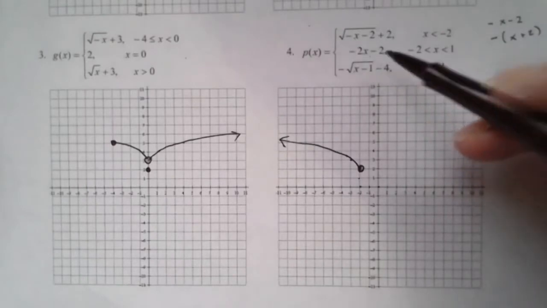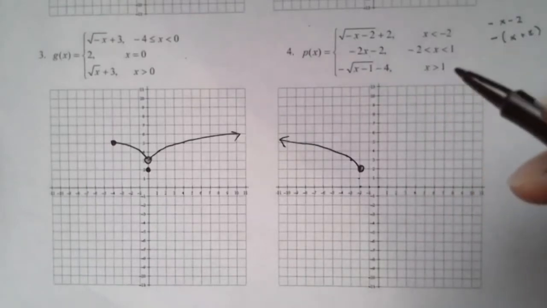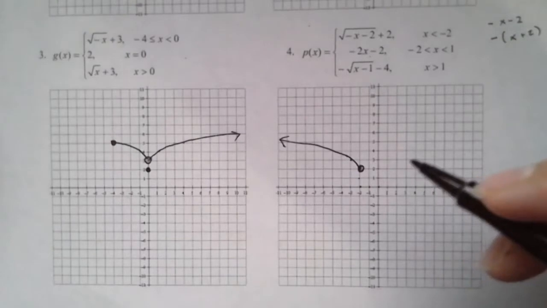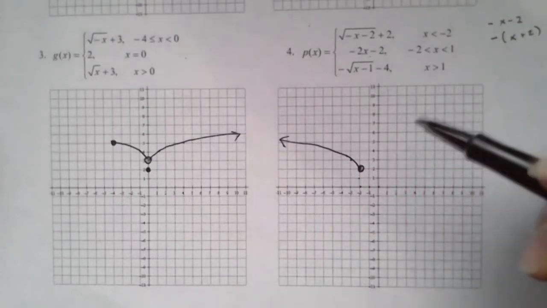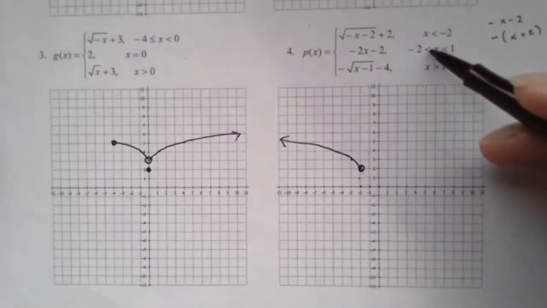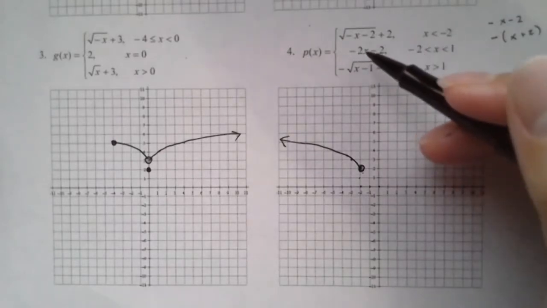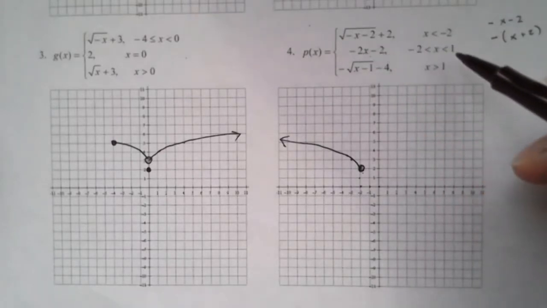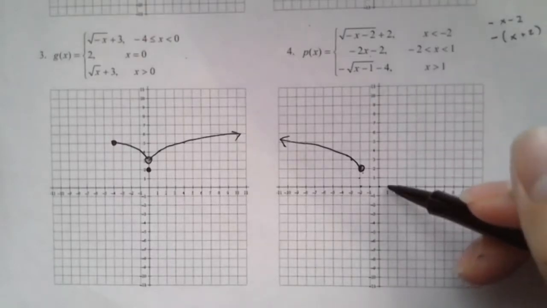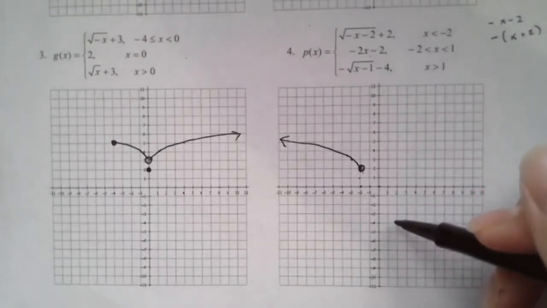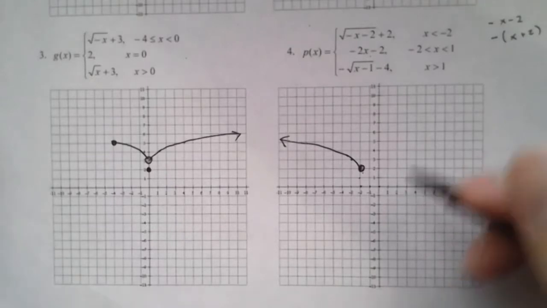Subtract 2, I get positive 2. And that starts here, and it's an open circle. Then when I evaluate at 1, when I plug in 1 here, negative 2 minus 2, you get negative 4. So when x is 1 here, I'm at negative 4 here. And that is also an open circle.